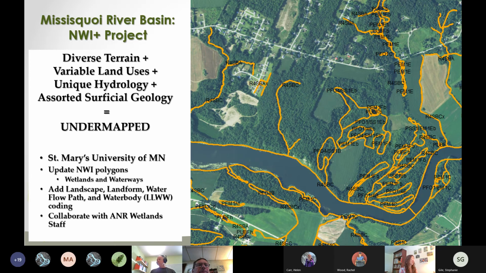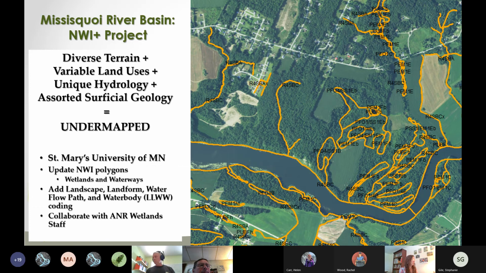So PFO, for example, is a palustrine forested wetland, but it also talks about how the water's flowing, where the water's flowing. And so there's some really neat information that we're getting out of this particular product.